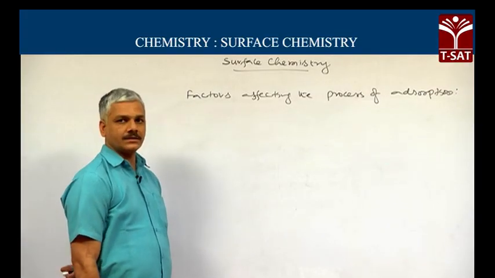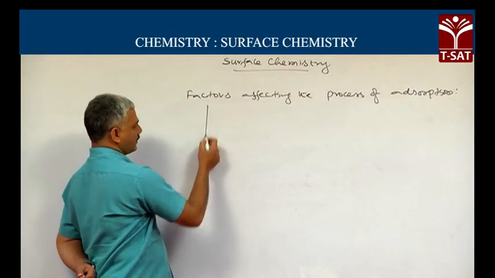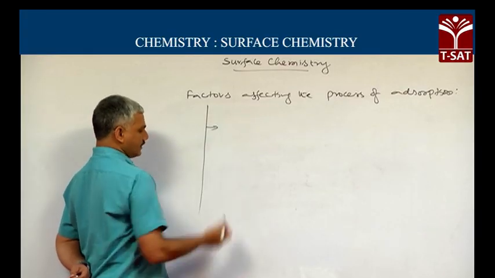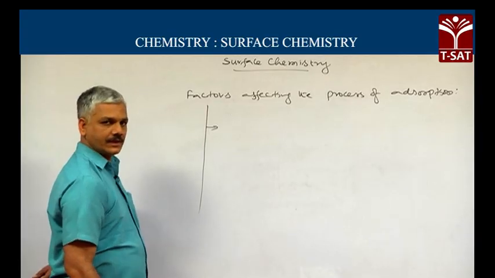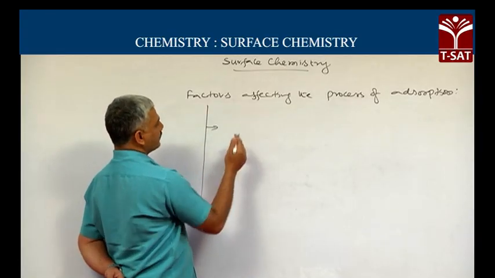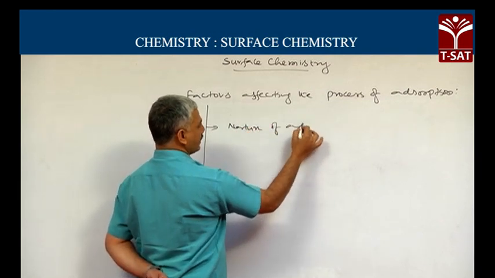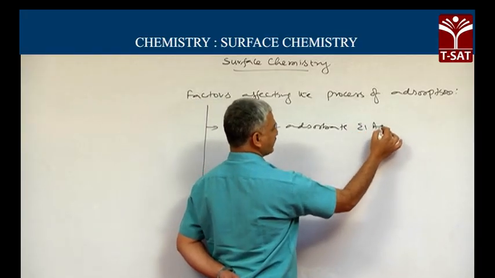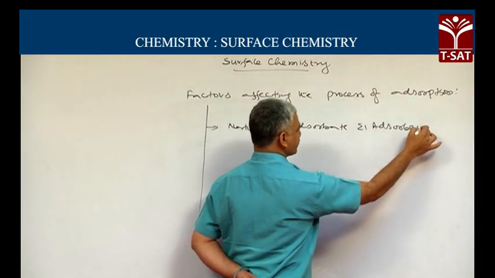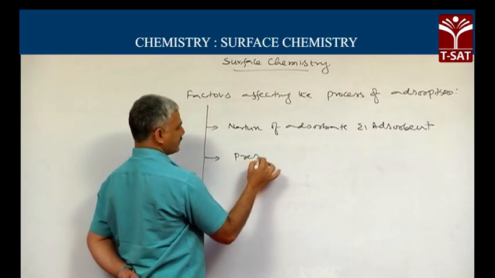Factors affecting the process of adsorption. Generally, these factors will influence the process of adsorption. First and foremost factor is the nature of adsorbate and adsorbent. Second factor is pressure.